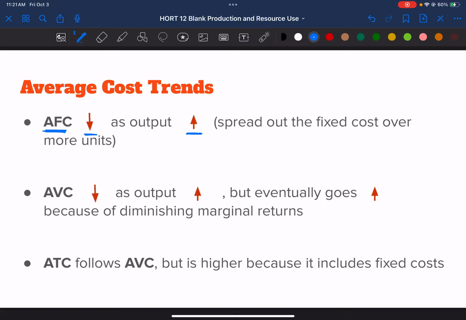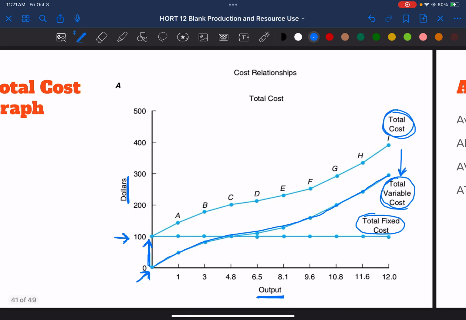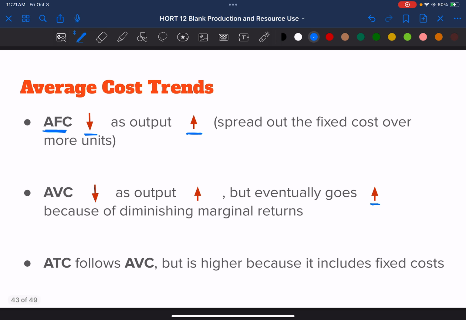For variable costs, the average variable cost goes down as output goes up, but at some point, the average variable cost will start going up because of diminishing marginal returns. We'll look at that in a graph in a second. Average total costs follow the same shape as the average variable costs, just higher up on the graph because it includes those fixed costs.